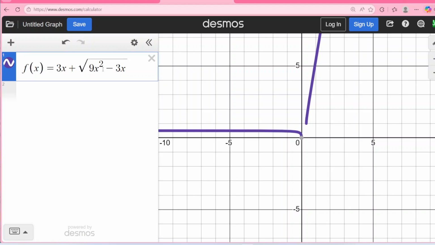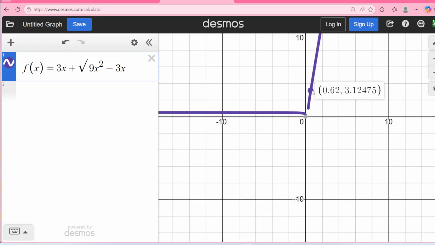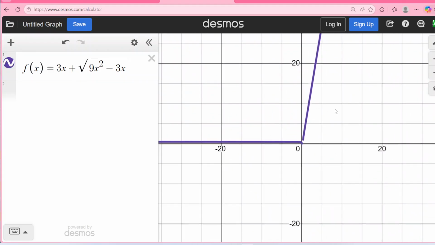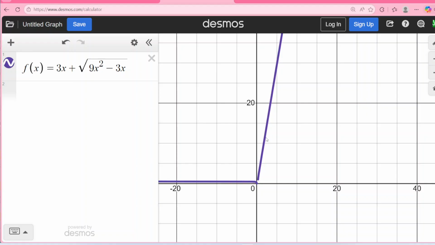If you see on the right end, zoom out a bit, the graph is going up forever, getting larger and larger as you go to the far right. It has no limit, or an infinite limit.